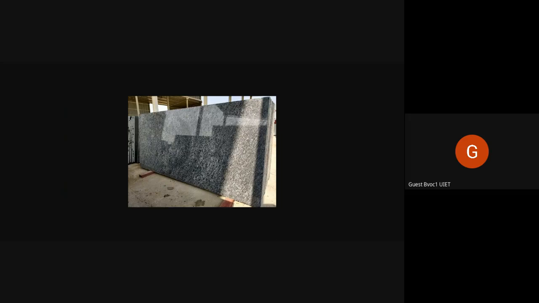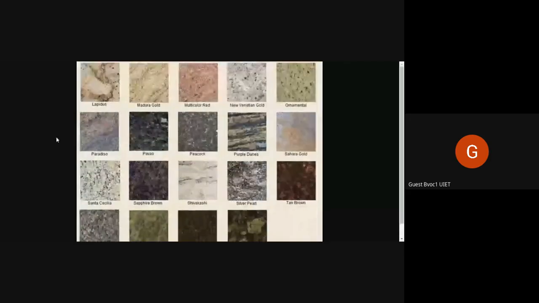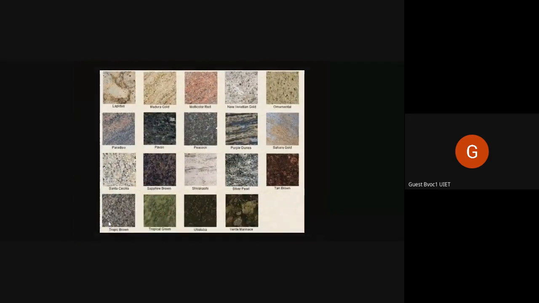It is hard and durable, and it is available in many colors. It is highly resistant to natural forces, and it can take nice polish. See, these are some of the colors that you can find in granite.